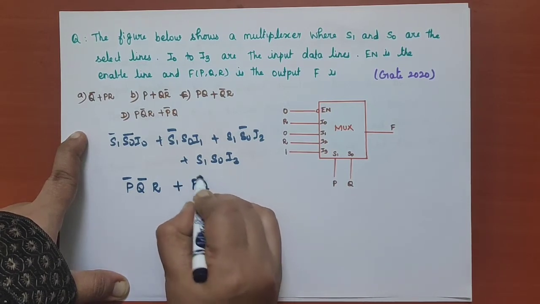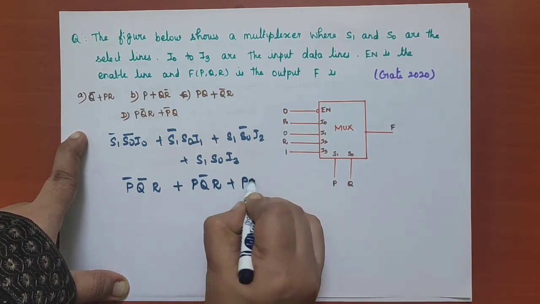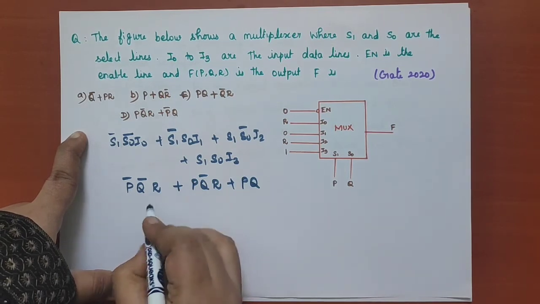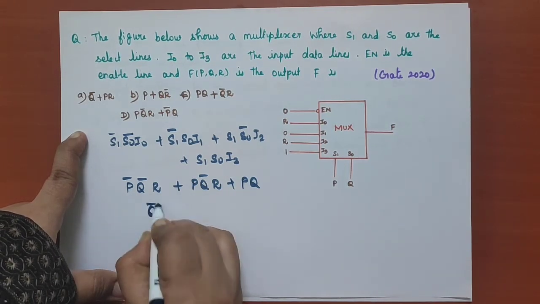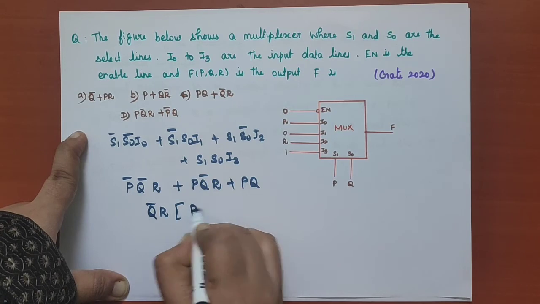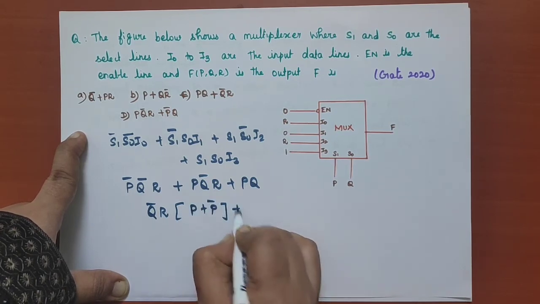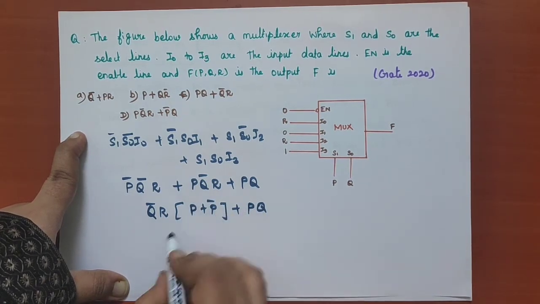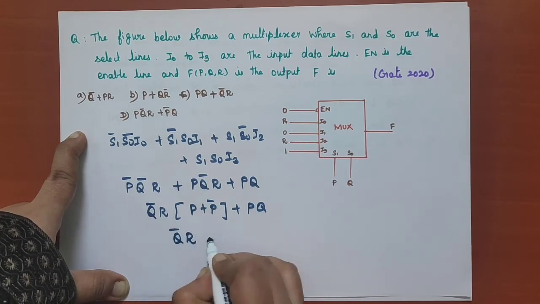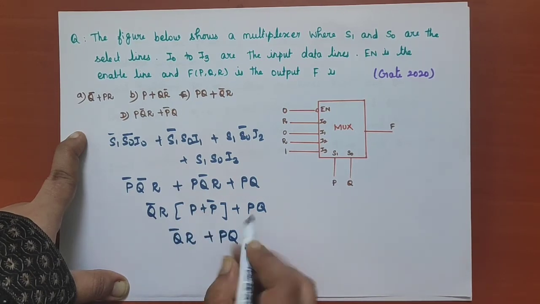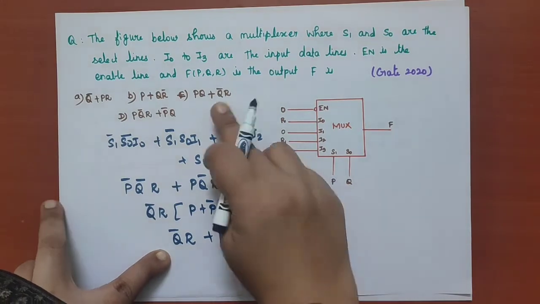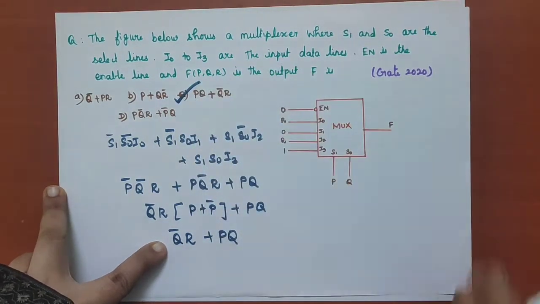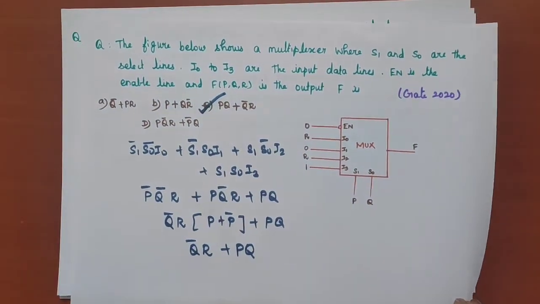Then P Q bar R plus PQ. When you simplify this, Q bar R into (P plus P bar) plus PQ. P plus P bar is equal to 1. So your answer will be Q bar R plus PQ. So here is the answer for this one.